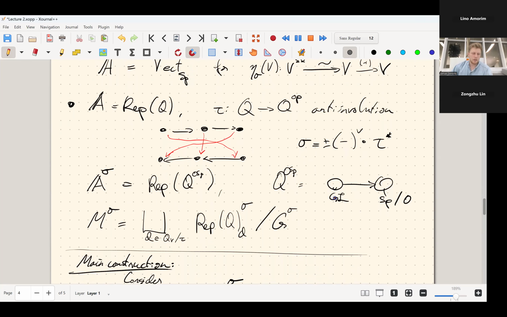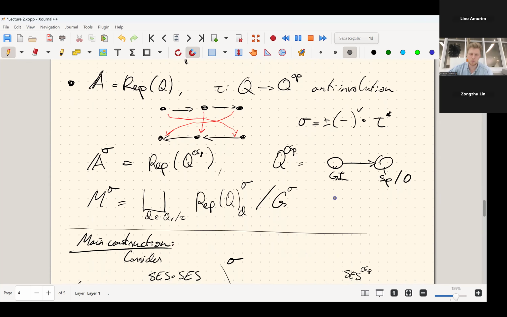And what are the fixed point stacks? Well, the fixed point stacks are representations of an orthosymplectic quiver, where the group we quotient by at each node is a general linear group, supposing our vertex lies in an orbit of size 2, and it's a symplectic or orthogonal group, depending on our choice of cocycle, if we have an orbit of length 1.